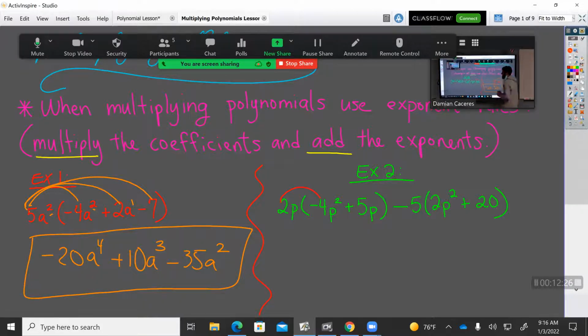So 2p times -4p to the 2nd power is -8p to the 3rd power. Add the exponents. Don't forget there's an imaginary 1 exponent on the p that we're distributing. Now distribute 2p times positive 5p. It's positive 10p squared.